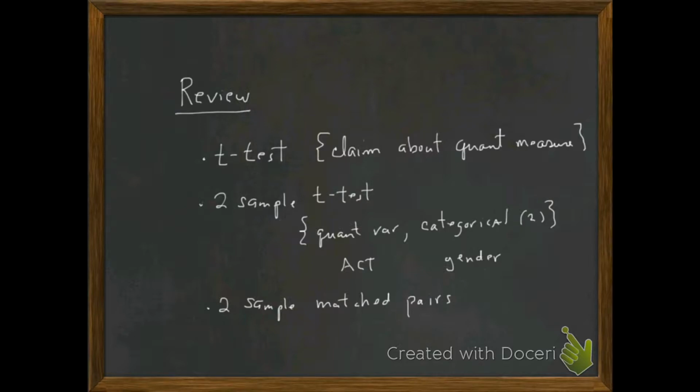A two-sample t-test looks at a quantitative variable across a categorical variable with 2 groups. So if someone wanted to test, like we did in the previous video with SATs, the equality of ACTs across gender, we would have a quantitative variable with ACT, and we would have gender with 2 groups, which is appropriate for a two-sample independent t-test. The two-sample matched pairs t-test reminds you a lot of the independent samples t-test.